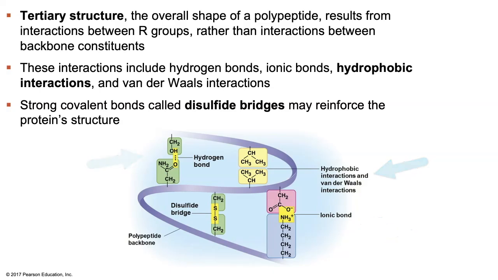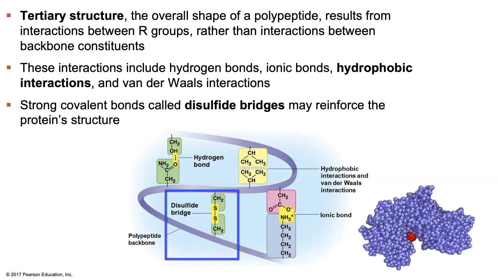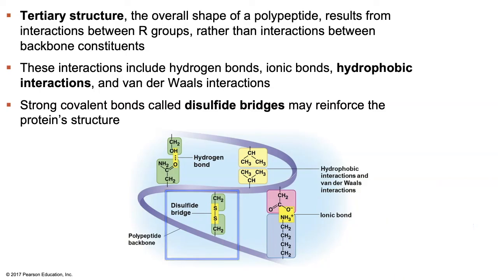Covalent bonds, on the other hand, don't break as easily, and these covalent disulfide bridges are very important in maintaining the protein's three-dimensional structure in our varying physiological conditions so that proteins can continue to function. Because if our proteins stop functioning, we stop functioning.